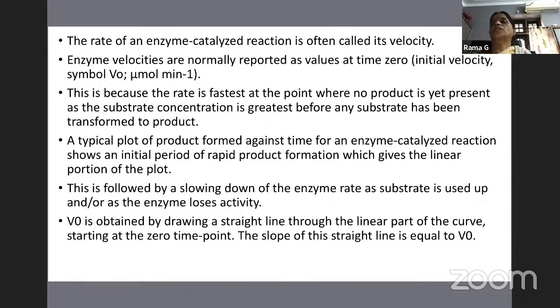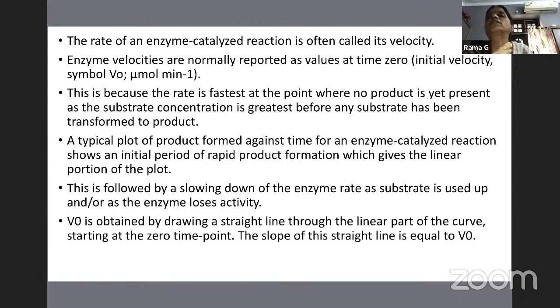Then V0 is obtained by drawing a straight line through the linear part of the curve, starting at the 0 time point, and the slope of this straight line is equal to V0. As we know already, V0 is the initial velocity of the reaction.